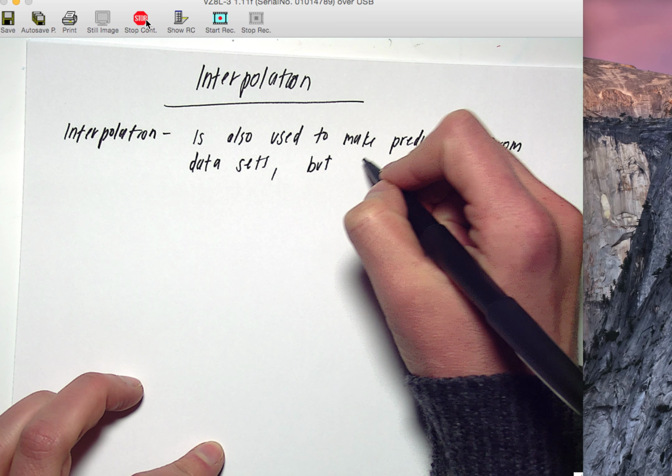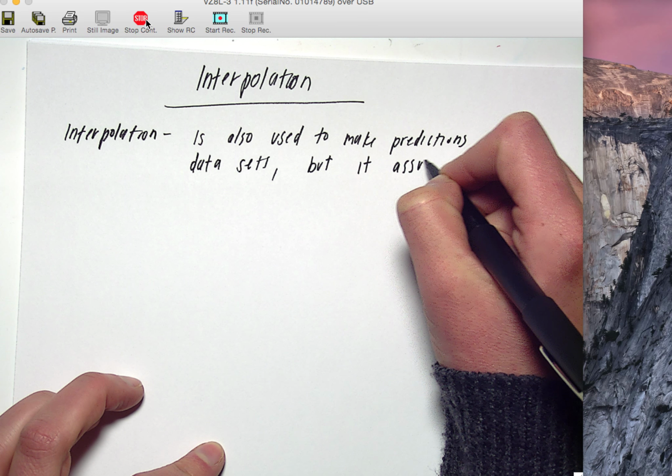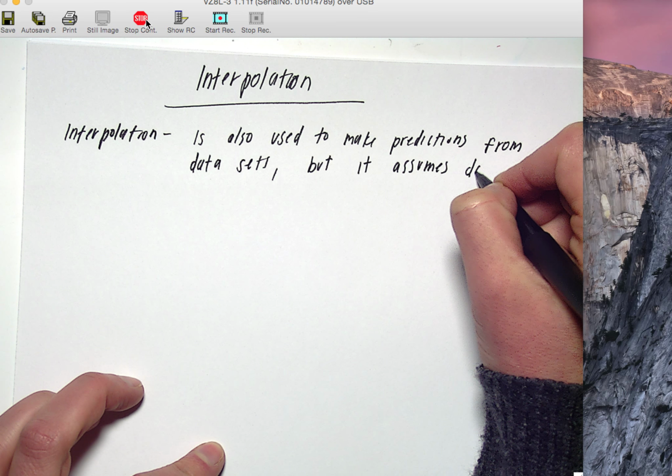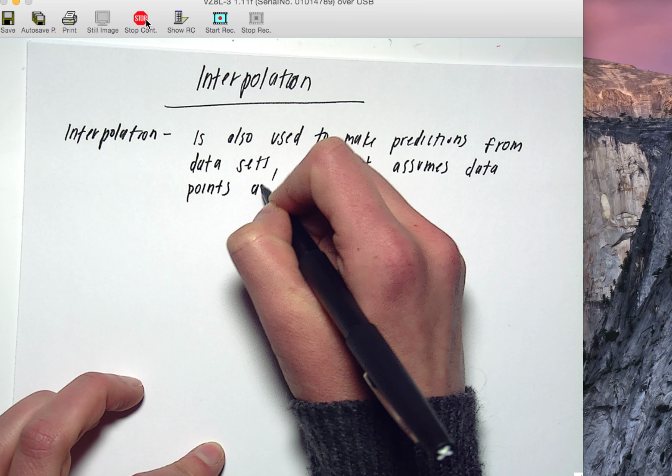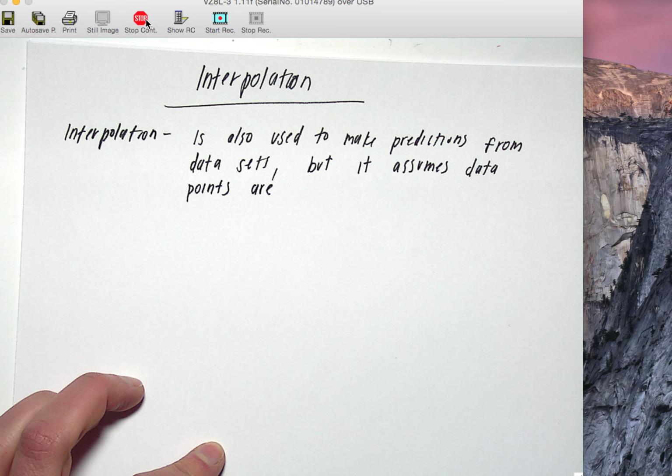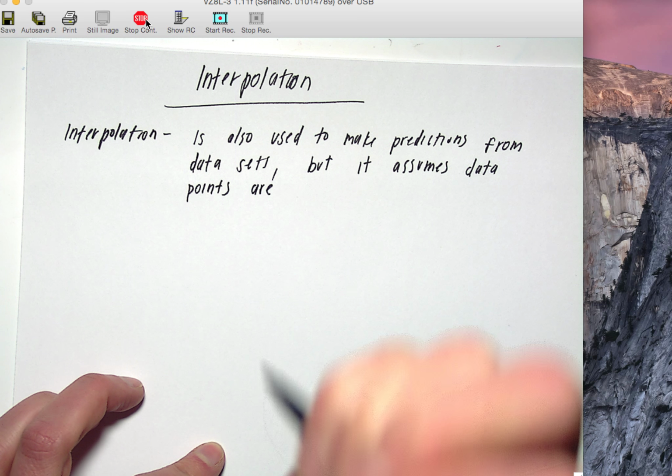But the difference is that it assumes that the data points are exact values.